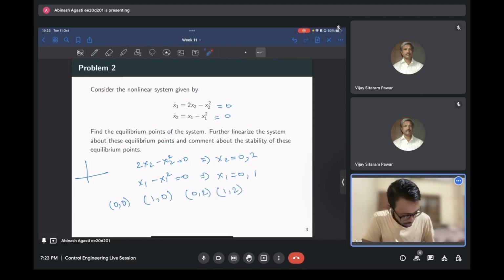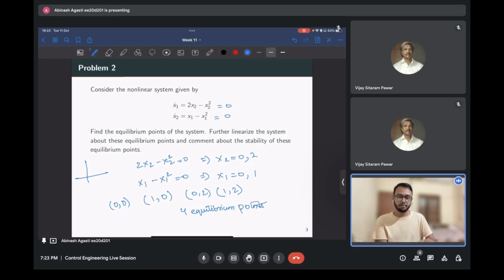So x1 equal to 0, x2 equal to 0, one possibility. x1 equal to 1, x2 equal to 0, another possibility. x1 equal to 0, x2 equal to 2, one possibility. And x1 equal to 1, x2 equal to 2, the final possibility. Right. So these four equilibrium points exist for the given nonlinear system. Is it clear till now?